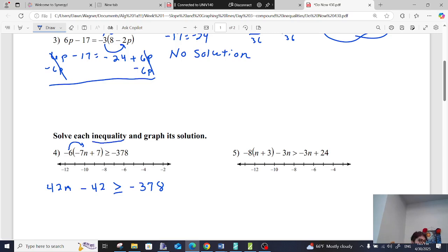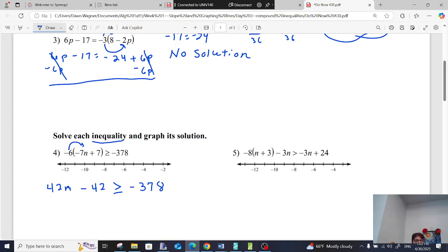When you have inequalities, if you have to multiply or divide across an inequality by a negative number, what do we do? We change the direction or flip that inequality around, right? Now, if I'm dividing by a positive number, do I do that?